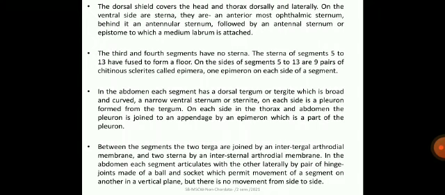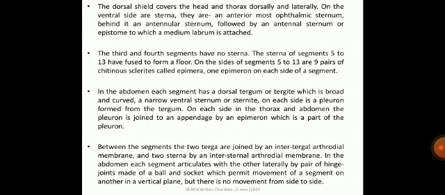In the abdomen, each segment has a dorsal tergum or tergite which is broad and curved, and a narrow ventral sternum or sternite. On each side is a pleuron formed from the tergum. On each side of the thorax and abdomen, the pleuron is joined to an appendage by an epimeron, which is a part of the pleuron, as I have already mentioned.